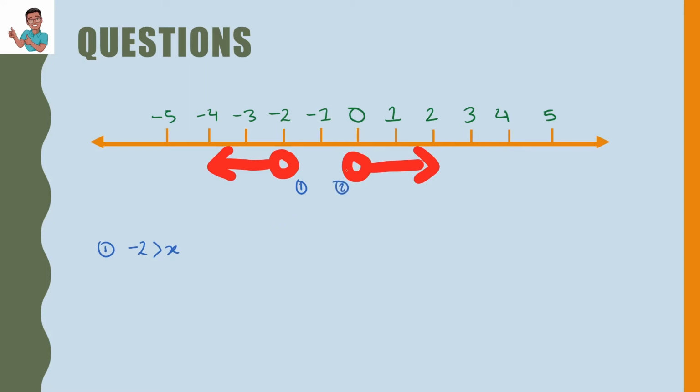Here we can see the circle is not shaded and is under 0 and it's moving in this direction. This means that x is going to be greater than 0. So 0 is less than x. So now we have to combine these two inequalities, giving us the final answer of x is less than -2 or x is greater than 0.